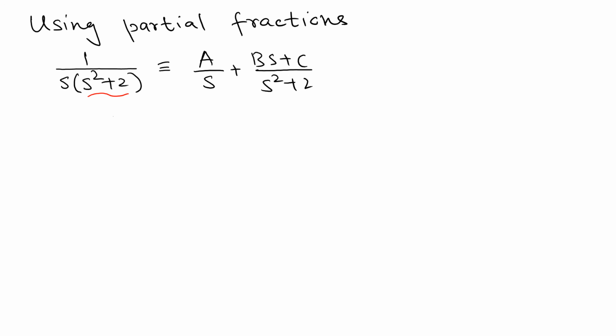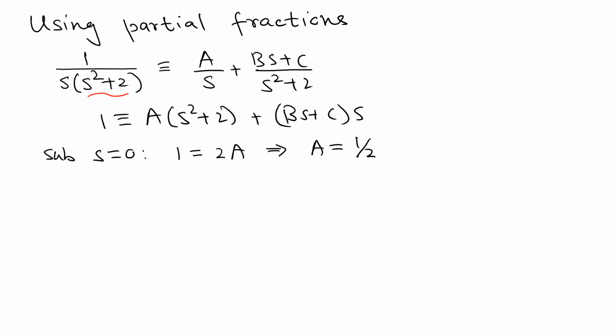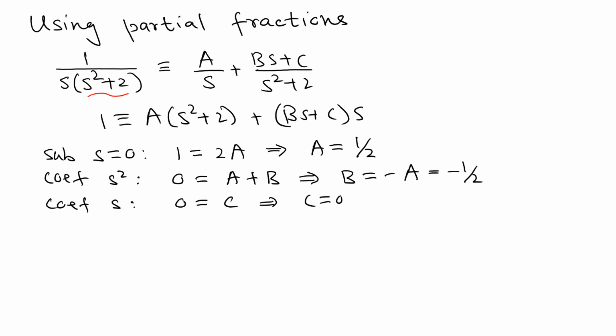So 1 is identical to A times (s squared plus 2) plus (Bs plus C) times s. We have done this multiple times, so we can skip this step. When you substitute s equals 0, you get A equals 1/2. If you compare the coefficient of s squared, you get B equals negative 1/2. And if you look at the coefficient of s, you get C equals 0.